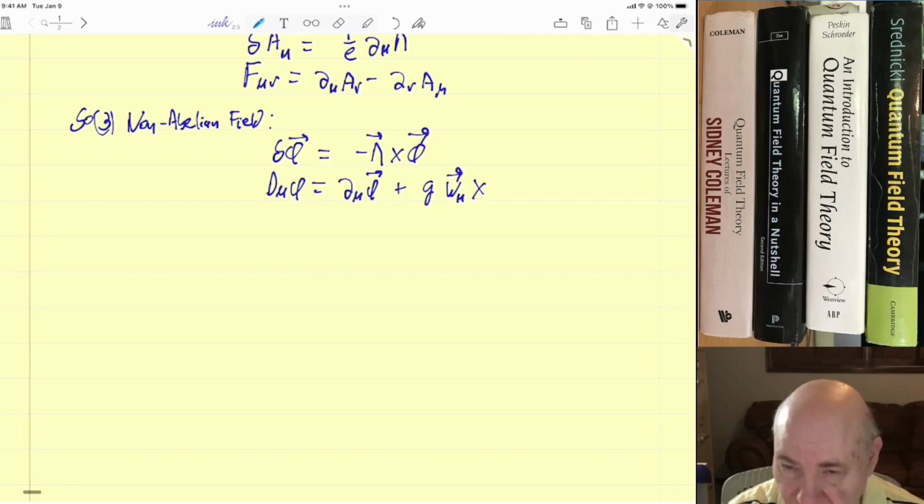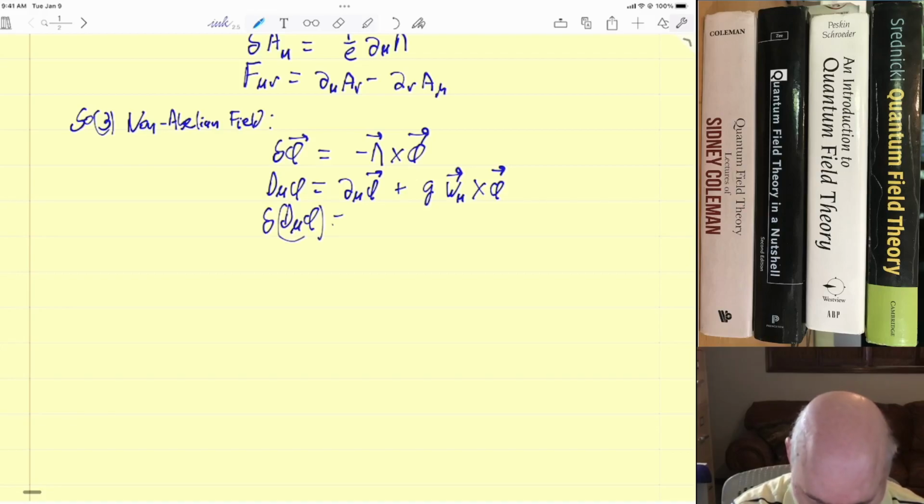A mu is a space-time vector, but it's a scalar with respect to the internal group. Then again, this is how we want things to transform covariantly. I'm going to leave out a lot of these vectors.